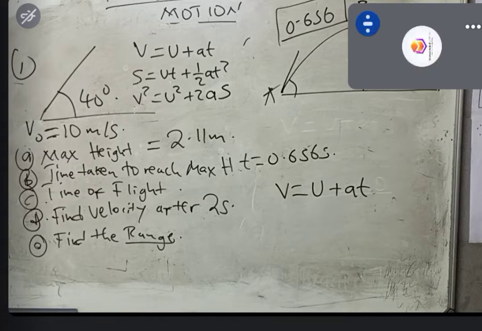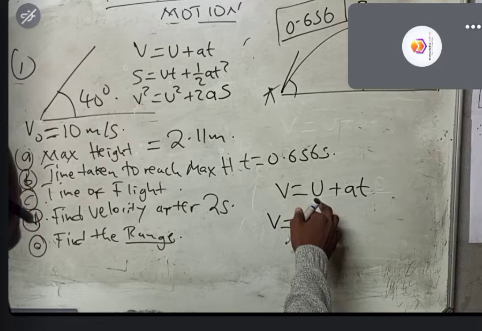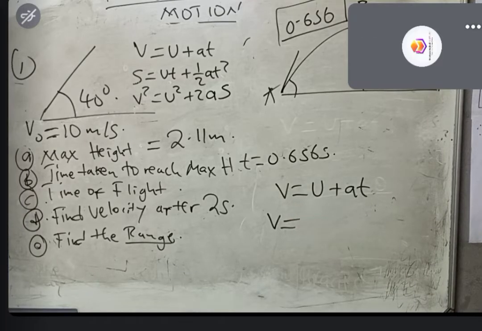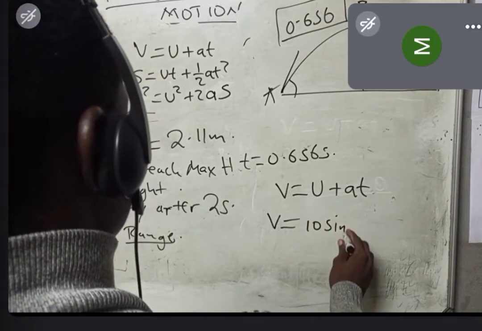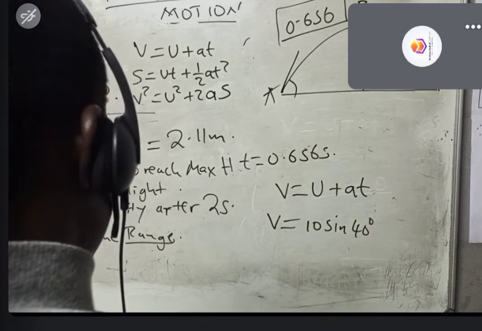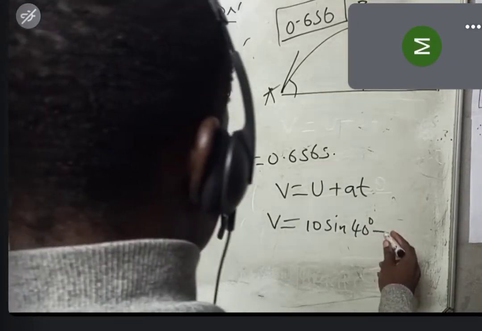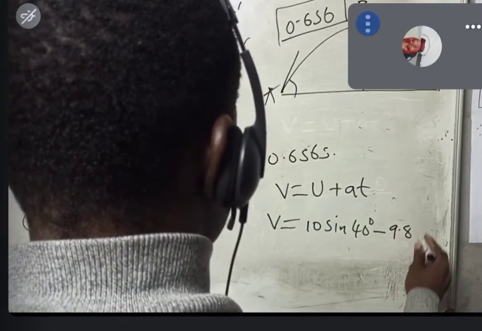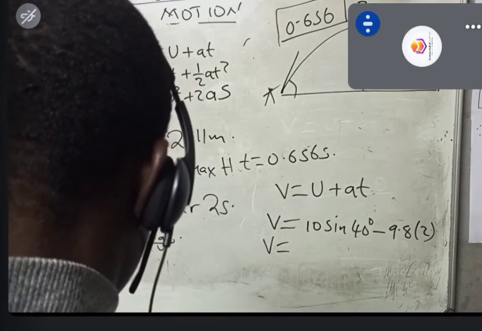But do we know what is going to be the maximum height? The initial velocity in the y? Gravity? Negative. Try to do my calculations.